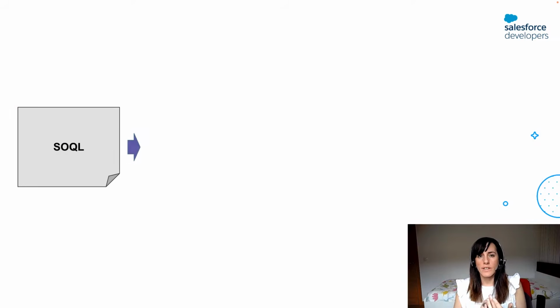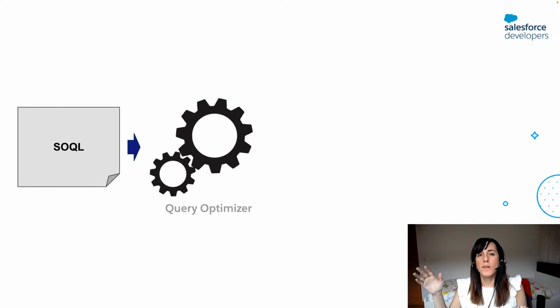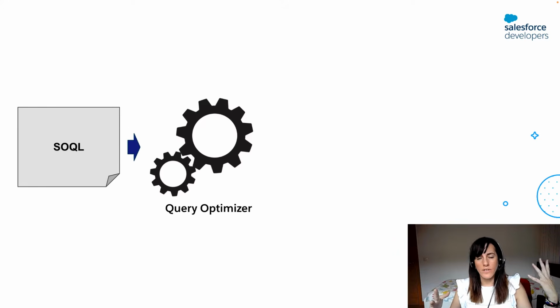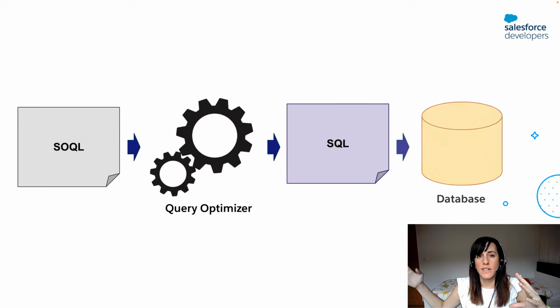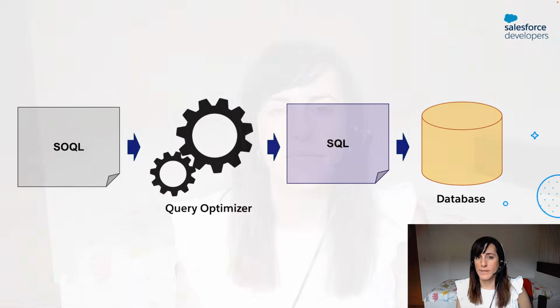What we do is that we give you something called SOQL, the Salesforce Object Query Language, so that you can write your queries. Then those queries go through the query optimizer, something internal that is transparent to you and that is going to transform your queries into real SQL. And then that SQL is going to be executed against the database.